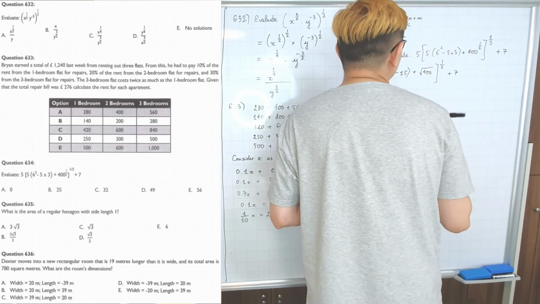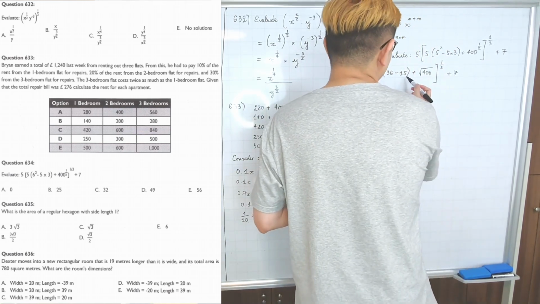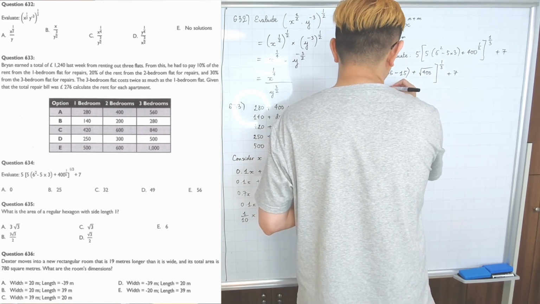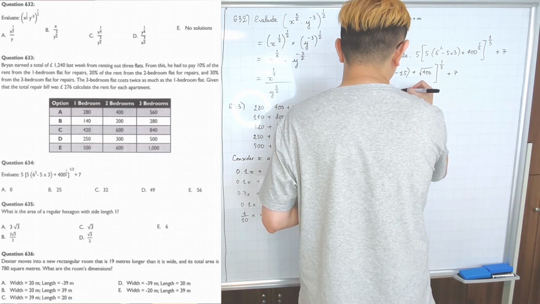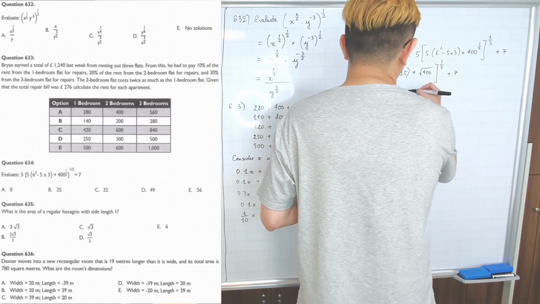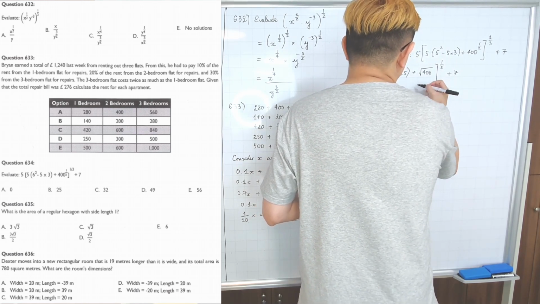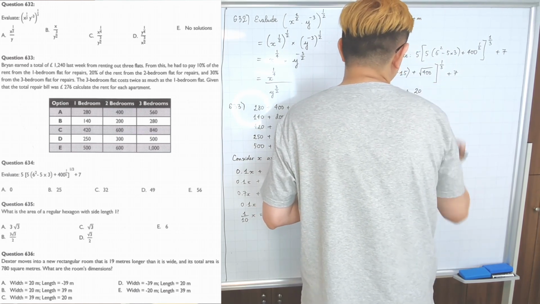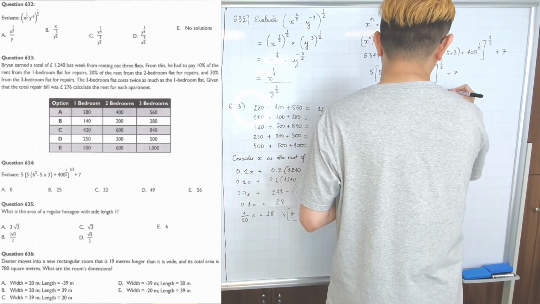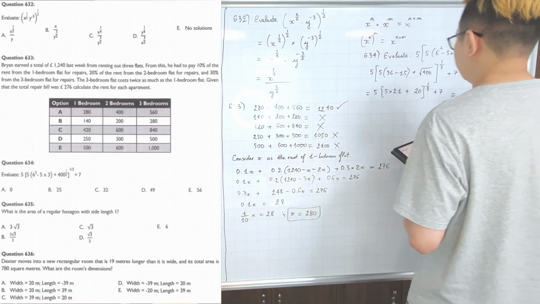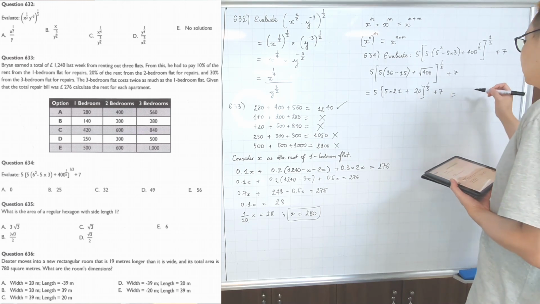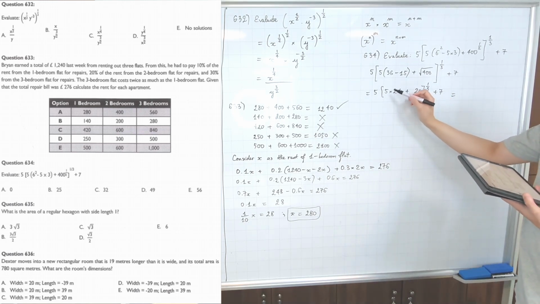And then 35 minus 15 is going to be 21. Square root of 400 is going to be 20. And then cubic. And then this is 105.